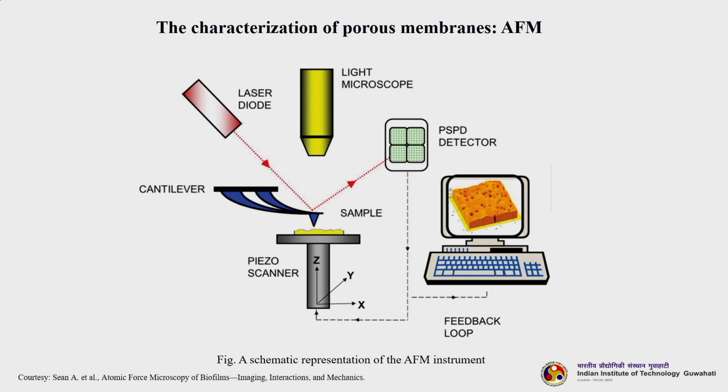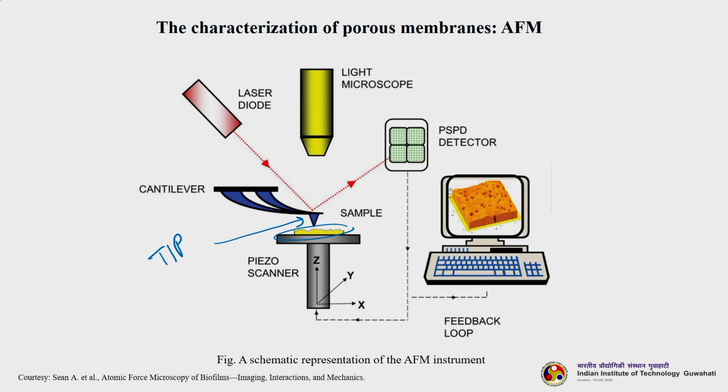This is how the AFM instrument works. There is a laser diode, and this is the cantilever which is holding the tip I was talking about, and this is your sample. Okay. The tip is scanning the surface of the sample.